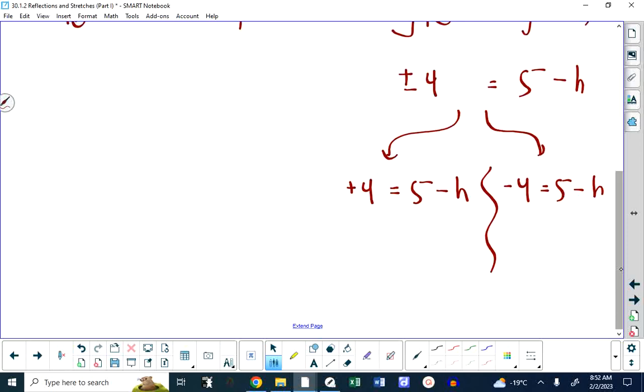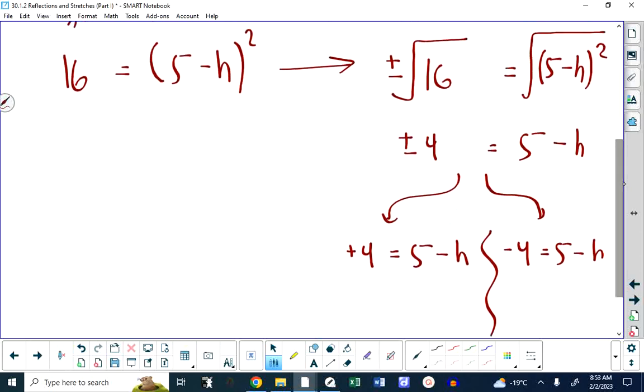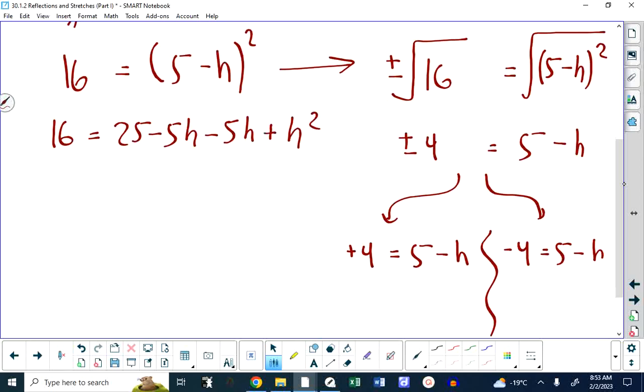Okay? The other path you could take is to FOIL out, or multiply out, or expand this binomial squared and get 25 minus 5h minus 5h plus h squared. What's happening in my brain there is I'm saying (5 minus h) quantity squared is (5 minus h) multiplied by (5 minus h), and I'm foiling that out. That's why I said I'm going to FOIL that out.